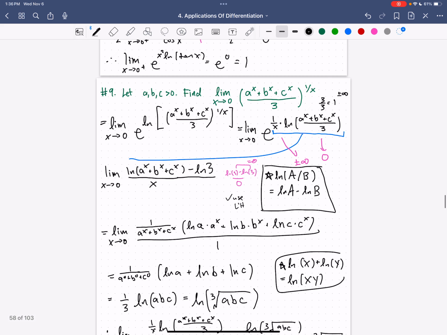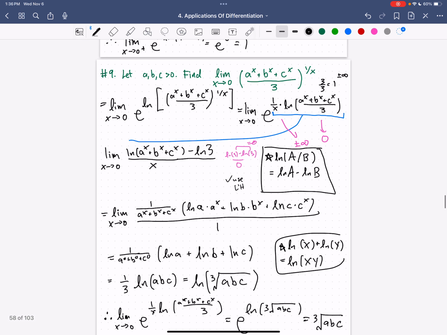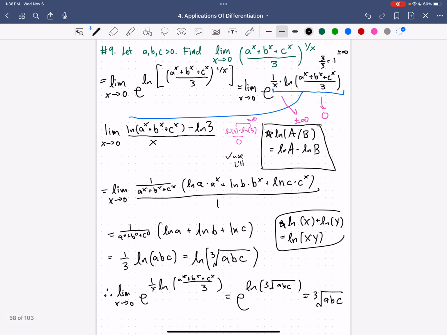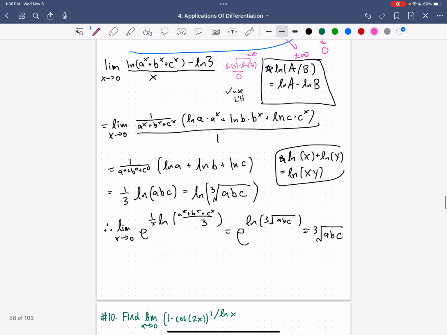I bet you could show that just kind of looking at this. For unofficial bonus points, I'm going to guess that the limit as x goes to 0 of a1 to the x plus a2 to the x all the way up to an to the x, over n, to the power of 1 over x.